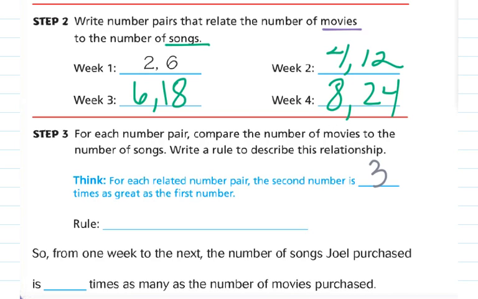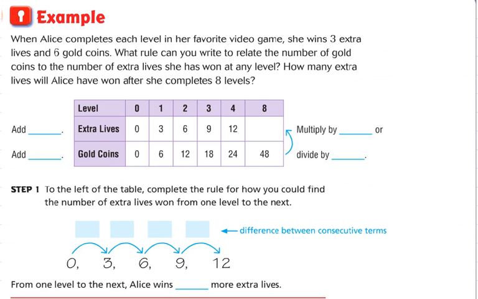And 8 times 3 is 24, 3 times as great. So the rule would be to multiply by 3. So from one week to the next, the number of songs Joel purchased is 3 times as many as the number of movies purchased.